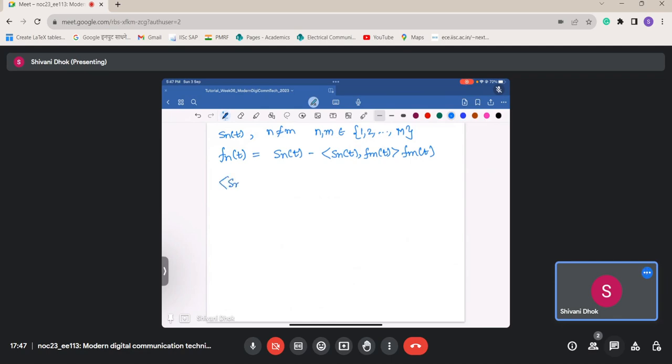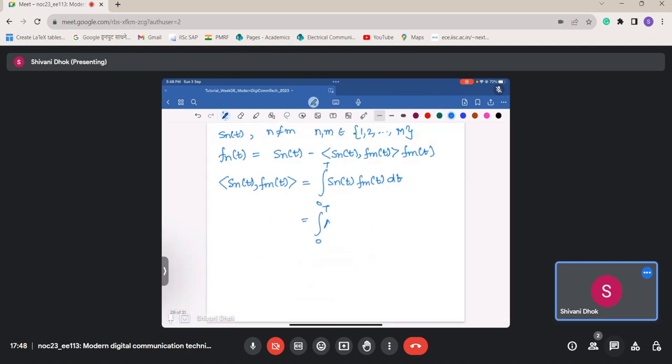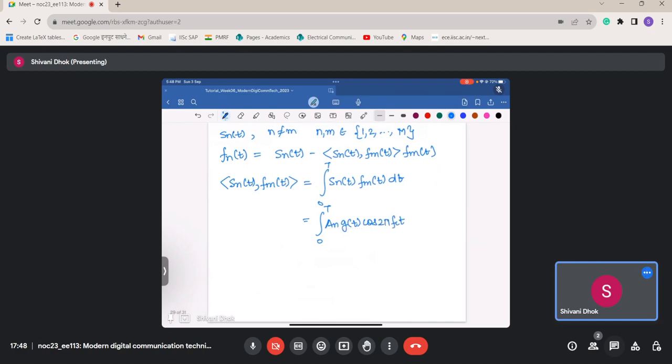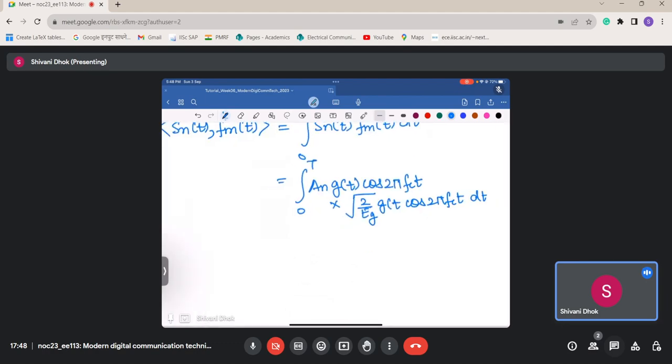Now let us focus on this inner product of sn(t) with fm(t), which is the integral from 0 to T of sn(t) fm(t) dt. This is the integral of An g(t) cos 2 pi fc t multiplied by under root 2 by Eg g(t) cos 2 pi fc t dt, which is equal to An under root 2 by Eg times the integral of g square(t) (1 plus cos 4 pi fc t) by 2 dt. This comes out to be An root 2 by Eg inside the bracket.